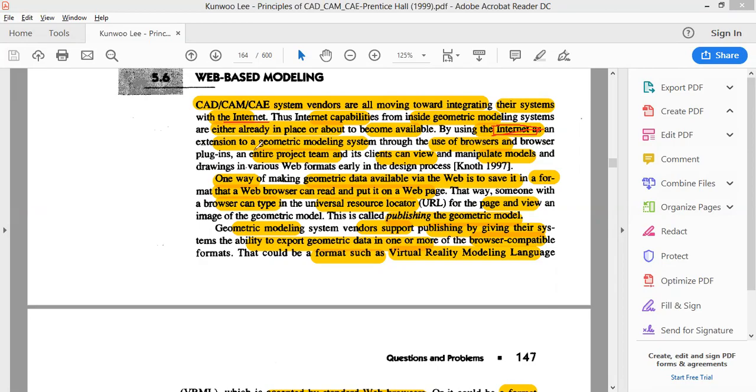Okay, right. So this is because there are clients and vendors who are situated in different parts of the world also, right? So this has to be made accessible for them so that they can make use of the data given by the company.